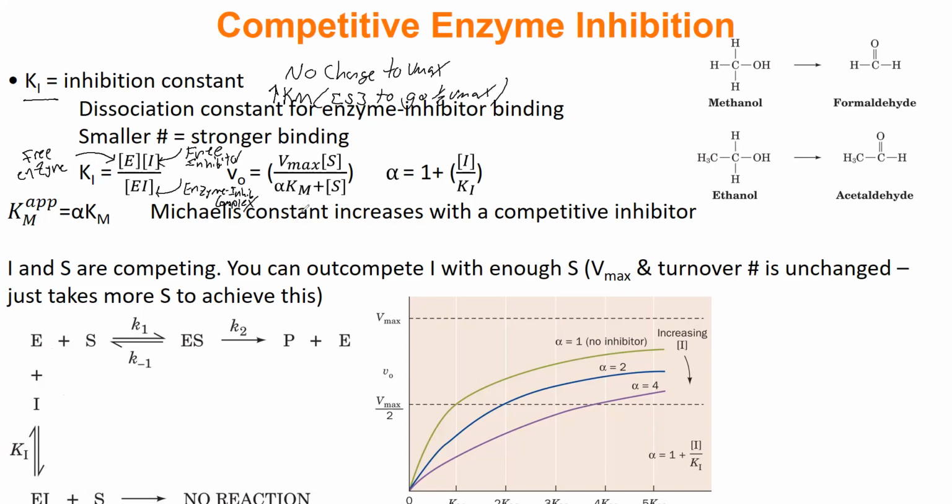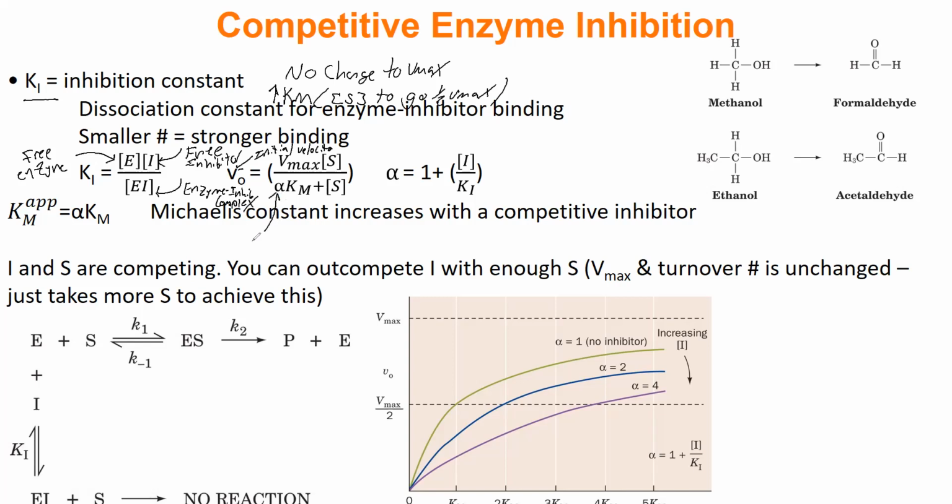So the way your Michaelis-Menten equation changes for initial velocity, remember V naught is initial velocity, is that you have Vmax times substrate divided by this alpha constant, Km plus substrate.